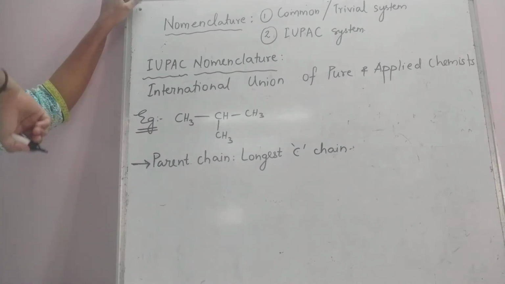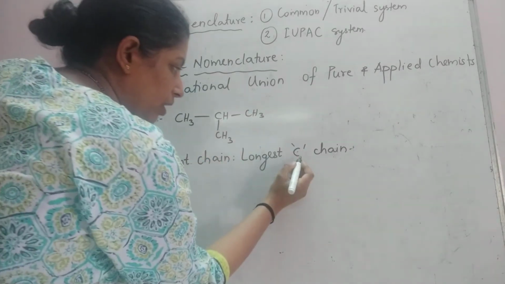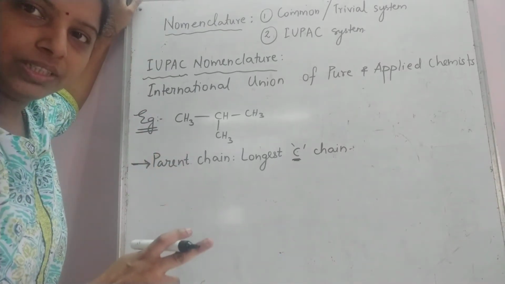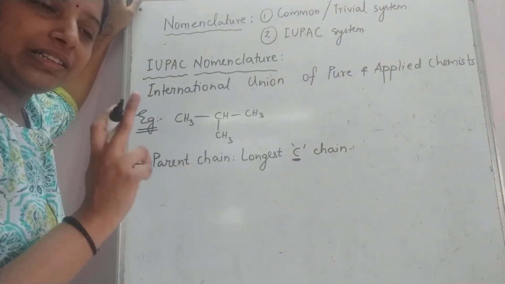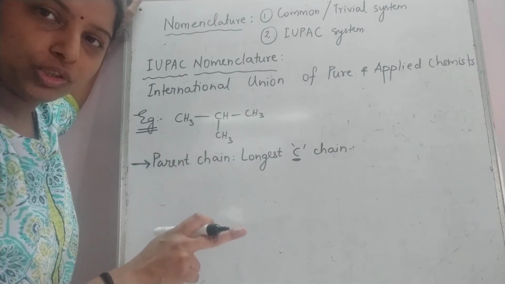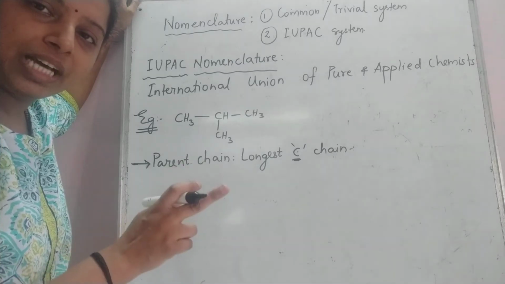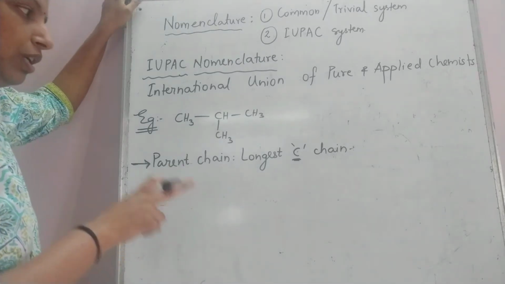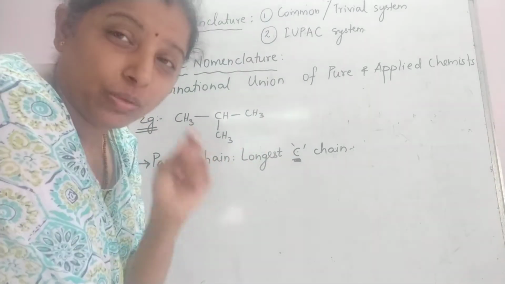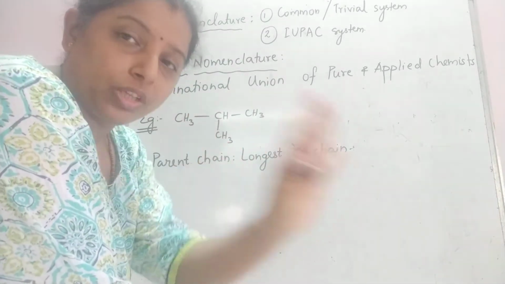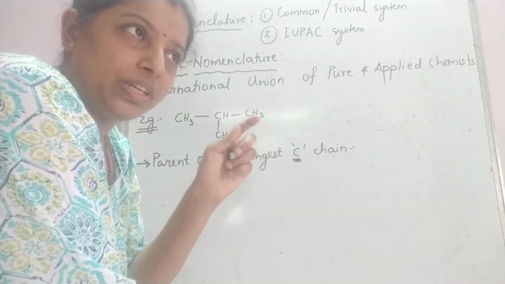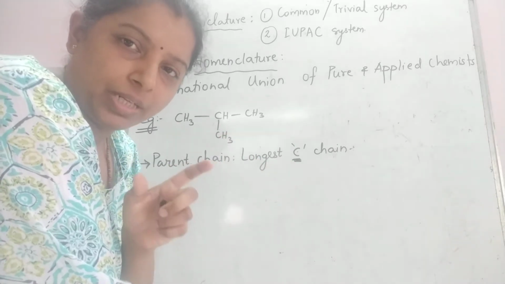Remember, it is the longest chain of carbon atoms, which will include doubly bonded carbon atoms, triply bonded carbon atoms and the carbon atoms of the functional group, or the carbon atoms which are bonded to the functional group. Since we are not talking about functional groups, forget about them currently. We will be focusing only on doubly bonded, singly bonded and triply bonded carbon compounds.